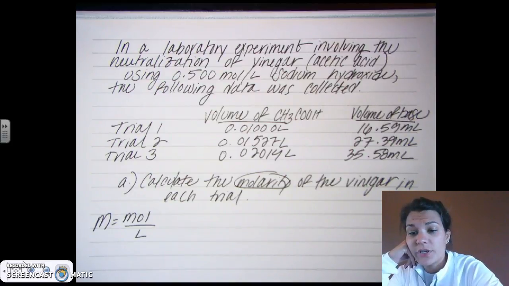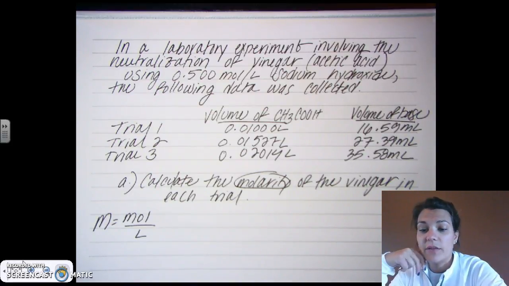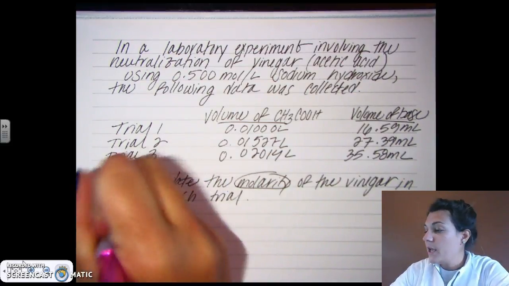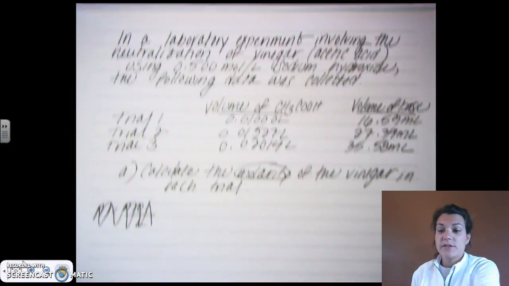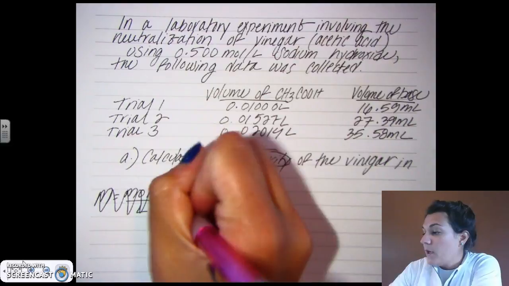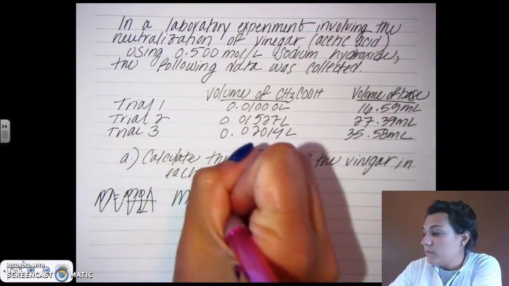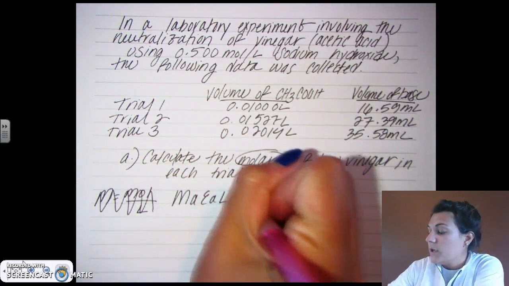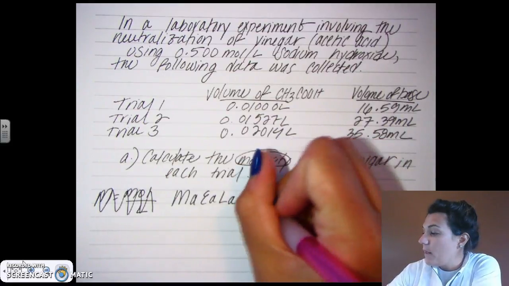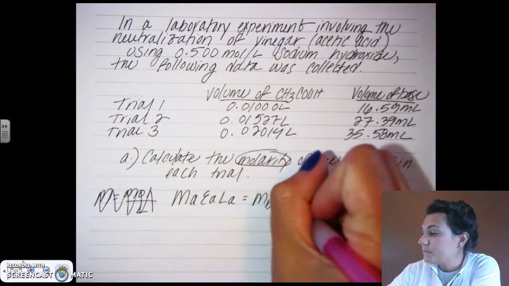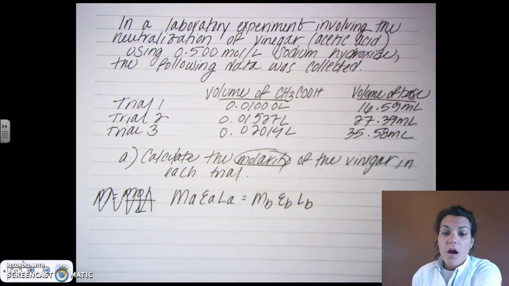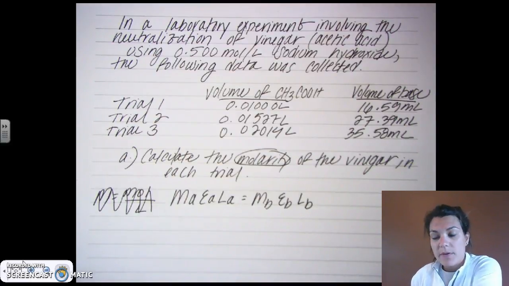And the equation that we're going to use here is the equation that we ended with on Friday, and that's the MEL equation, right? So if you remember, the MEL of an acid is equal to the MEL of a base. We ultimately can solve this problem, right?